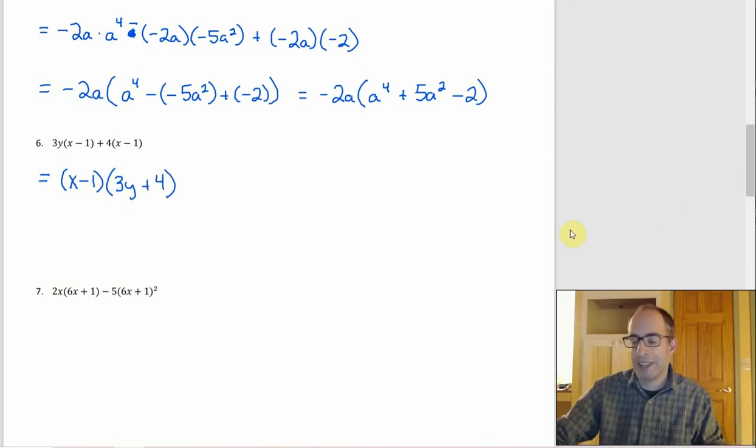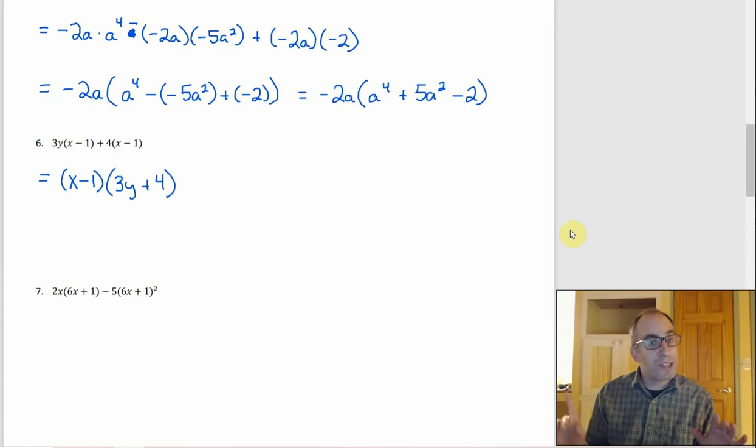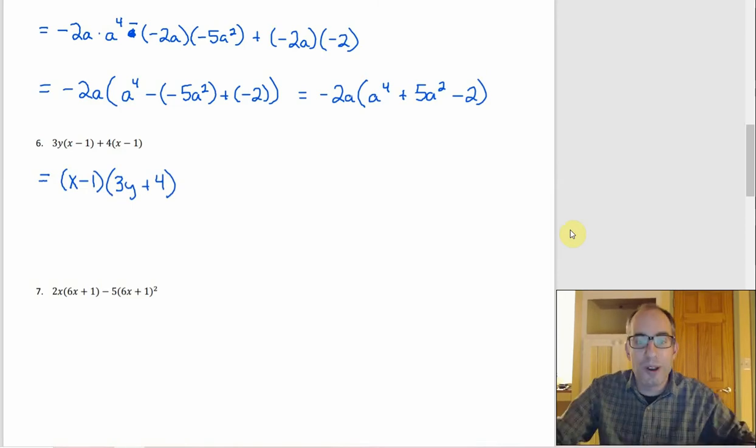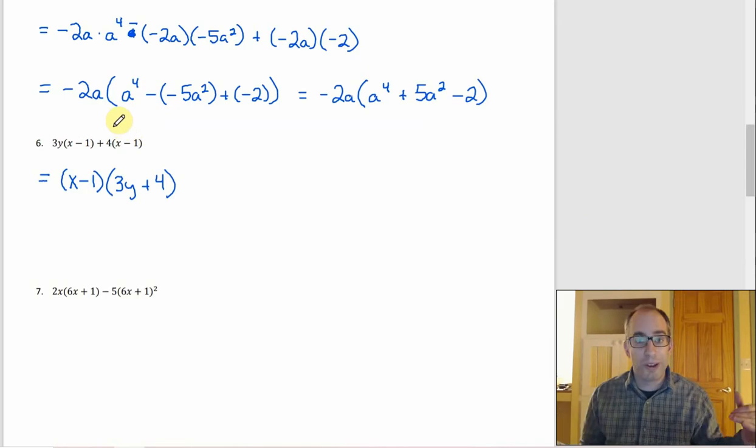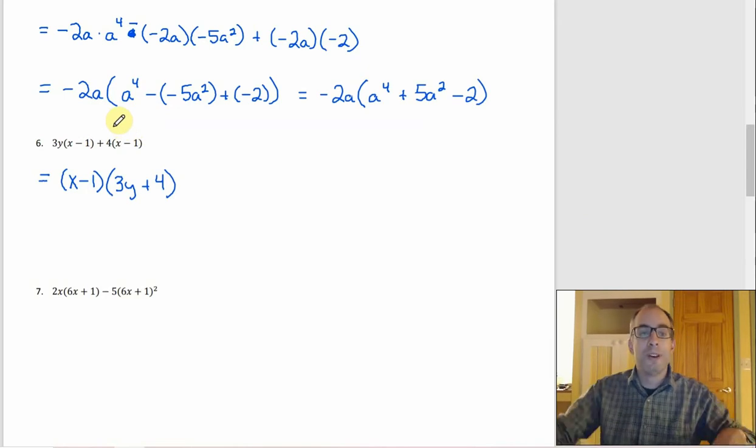Done. That's the entire problem. So that's what I meant when I said it's so short that it feels like a trick. That's really all you have to do, because x minus 1 is clearly a factor of both of these, right? You've got two products where it's x minus 1 times something else. So you could factor the x minus 1 out right there and just be done with it.